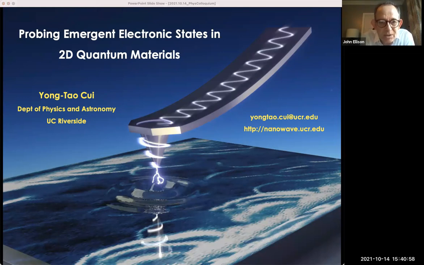And there he worked on the development of microwave impedance microscopy and its applications to the study of electronic states in quantum materials. So he worked on that prior to joining UCR as an assistant professor, which was in 2016. So today he will talk to us more about this work on probing emergent electronic states in 2D quantum materials.